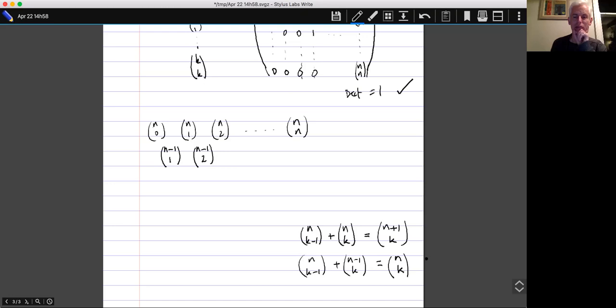But how can it be the same? Here I think we've got to say, remember it's not quite the same. If I'm choosing k things out of n, I'm either choosing k minus 1 and I'm choosing n, or I'm choosing k things out of n minus 1. But that seems like the same argument, but for a different conclusion. And I can't get this just by adding 1 to everything. So somewhere I'm making a stupid mistake.